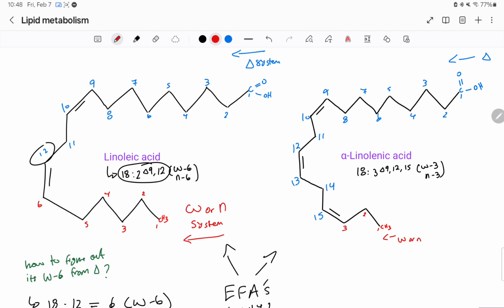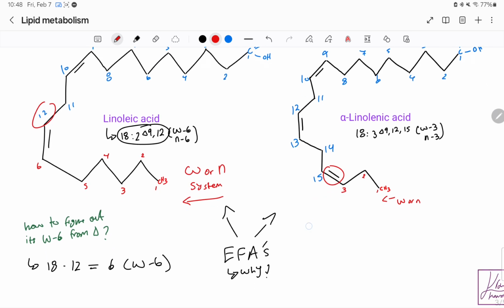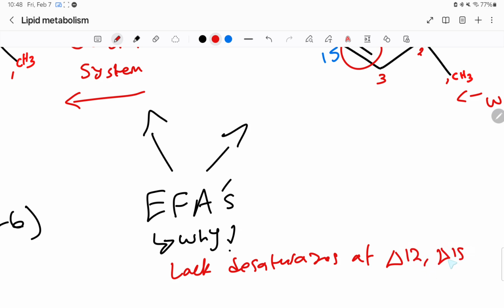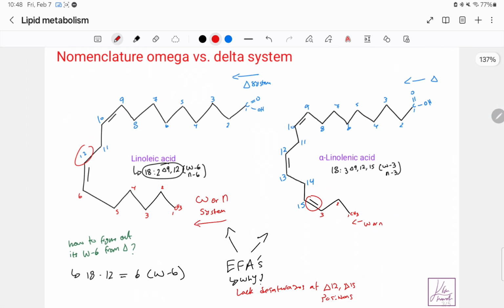We lack the enzymes that put double bonds at the delta 12 and delta 15 positions. So we lack desaturases, enzymes that introduce double bonds at the delta 12 and delta 15 positions.